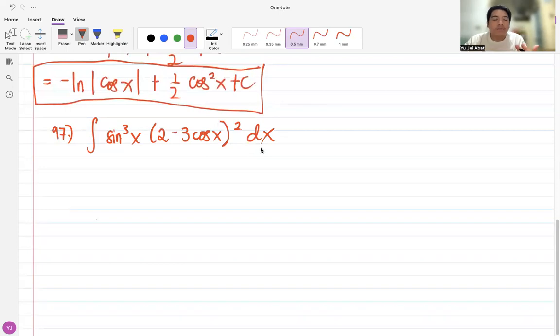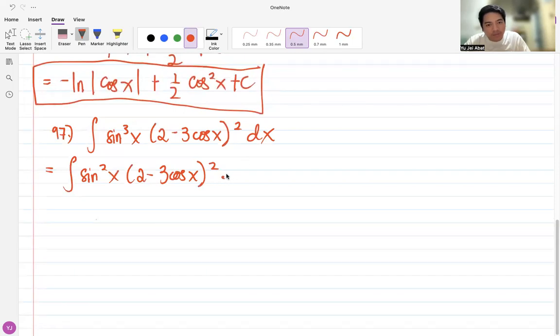The first thing that I'm going to do here is to separate one strip of sine for the dx. So I have sine squared of x here, then 2 minus 3 cosine of x, squared, multiplied by one strip of sine x from the sine cubed of x.